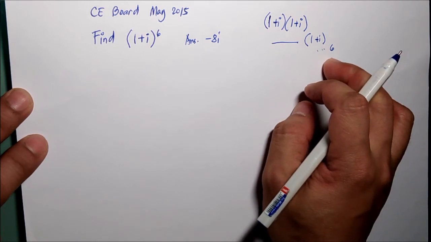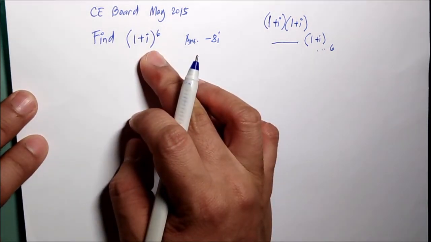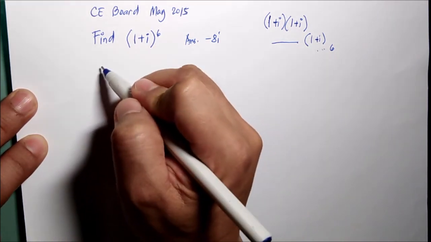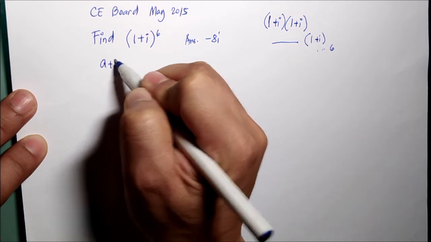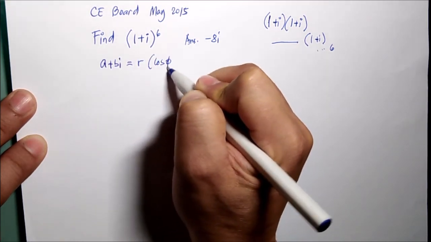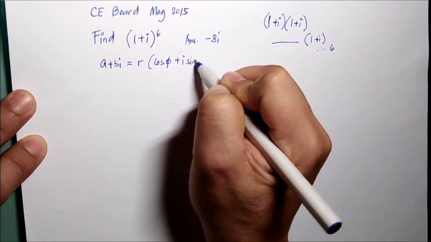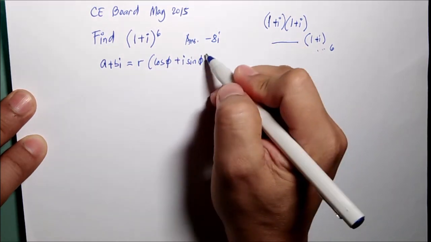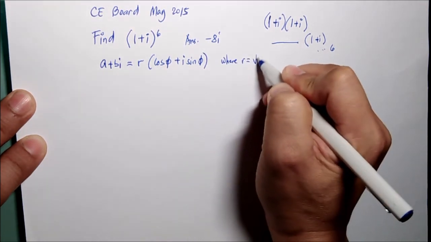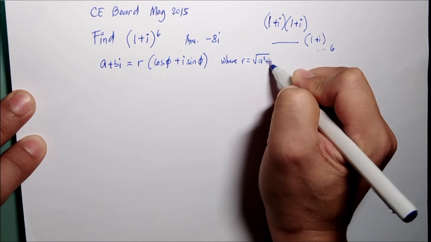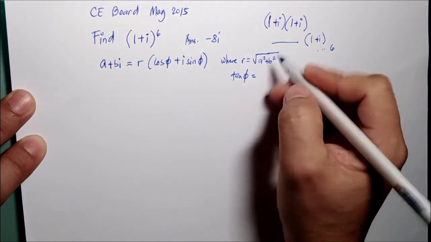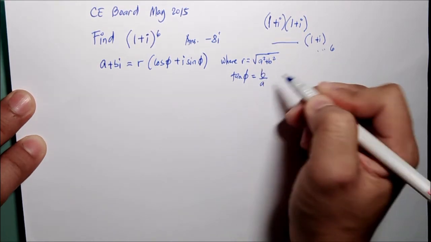We can also solve this one by using the concept of the trigonometric form of a complex number. The trigonometric form of a complex number a plus bi is equal to r (cosine theta plus i sine theta), where r is equal to the square root of a squared plus b squared, and tangent theta is equal to b over a.